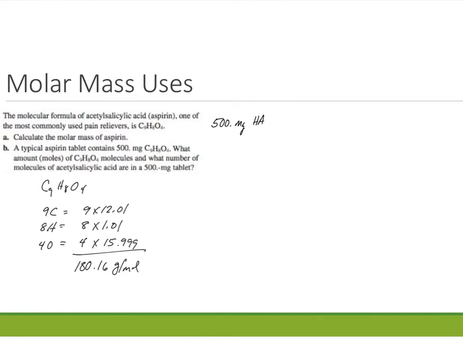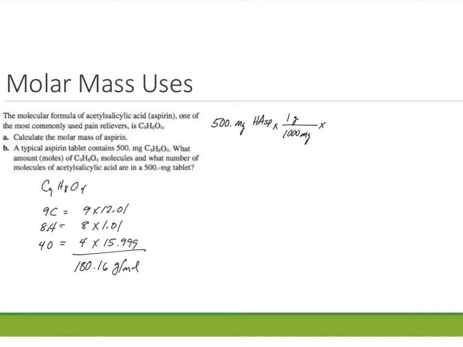Sometimes we can abbreviate our formulas. If we don't necessarily need to have the formula all the time, sometimes we'll just give it a name, like HASP, with an H telling me it's an acid, the acid of aspirin, times 1 gram is 1,000 milligrams. I need to get that into grams.